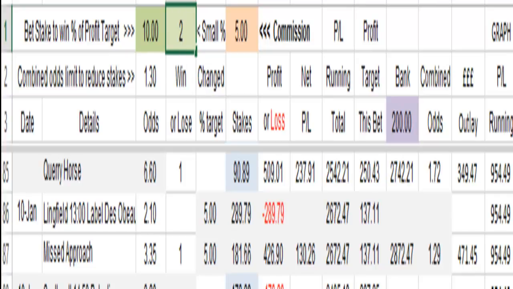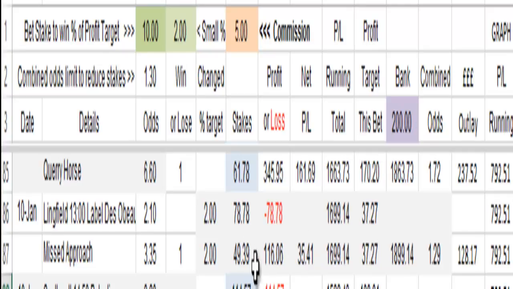So on this, I can change this to only wanting 2% on under 1.3, which means any time there's an odds-on favourite, instead of going for 5%, I go for 2. But I go for 5 because over 90% of my selections win.